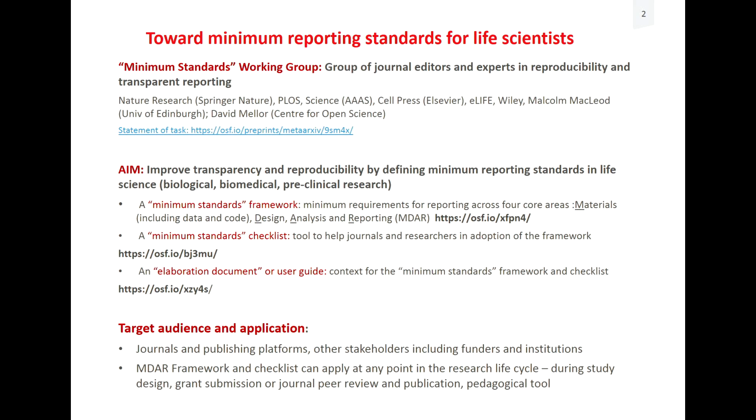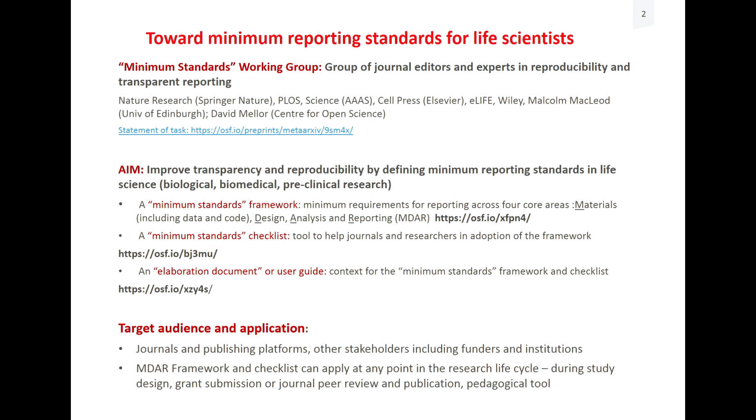And then an elaboration document, a user guide, which provides context for the minimum standards framework and checklist. And I should say again, in setting about doing this, we were very inspired by the CONSORT checklist and the EQUATOR Network and the way that they had approached the process.